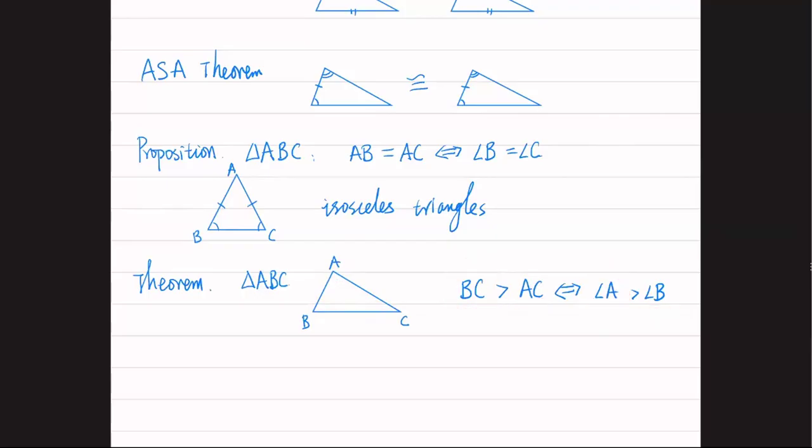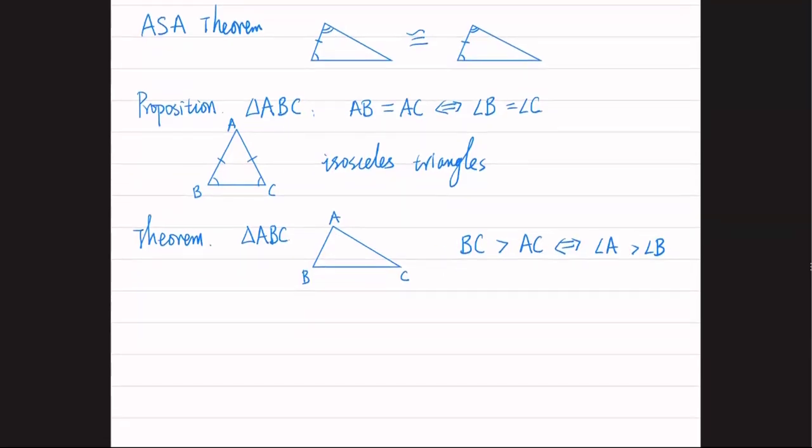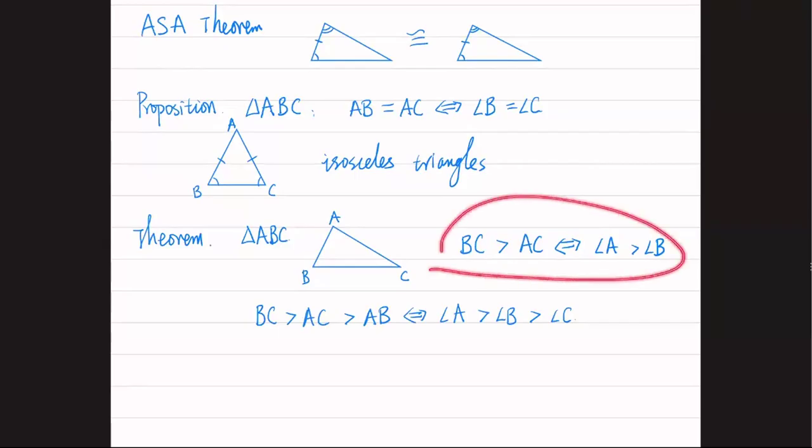In particular, we can formulate the following. AC is longer than AB if and only if... okay, let's pause for a few seconds to recall how we proved this statement.